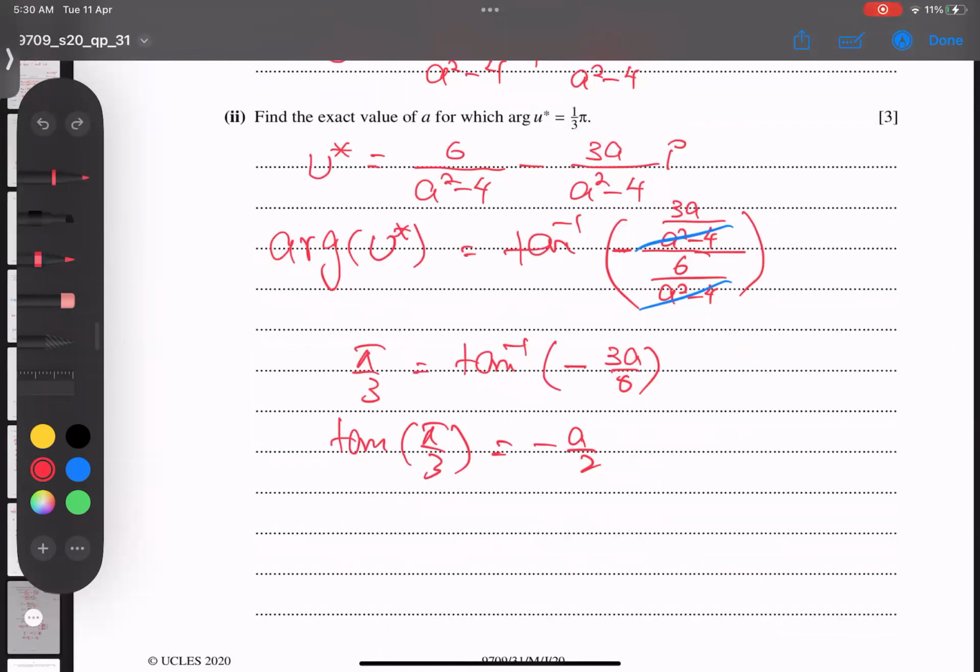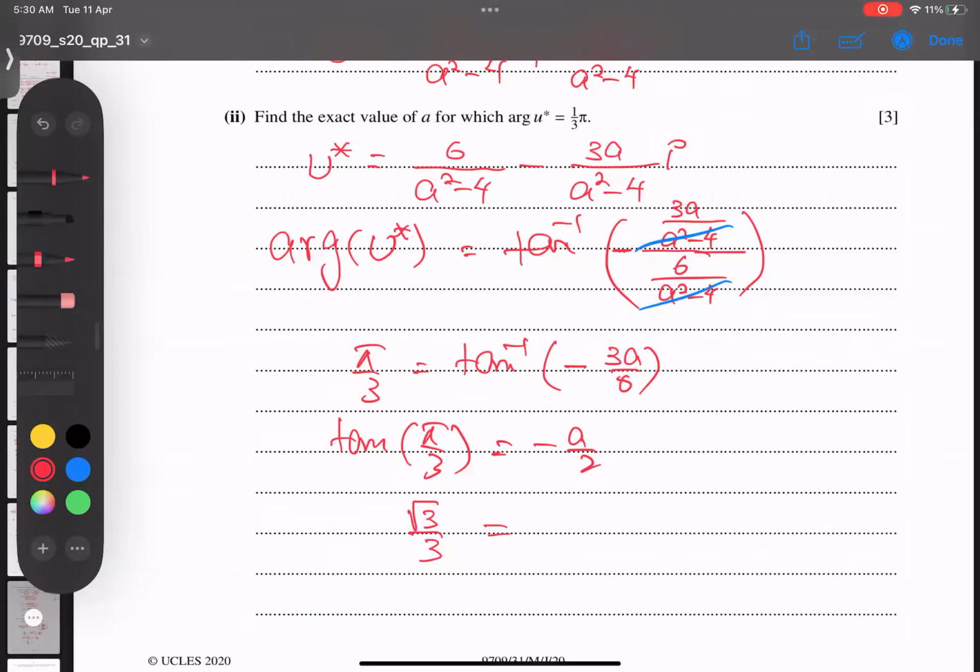And tan pi by 3, if you check it carefully, this is actually equal to root 3 by 3. Okay, root 3 by 3. And after this, finally, if you type it in the calculator, one minute, let me check, students.